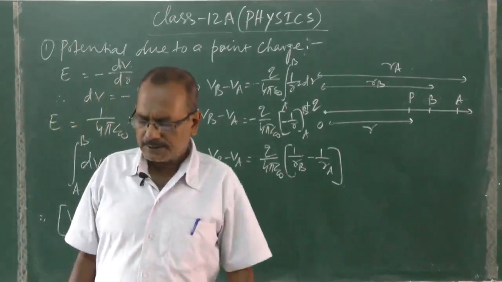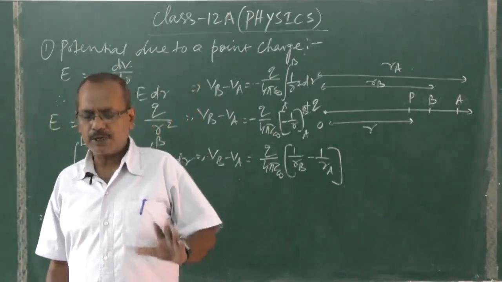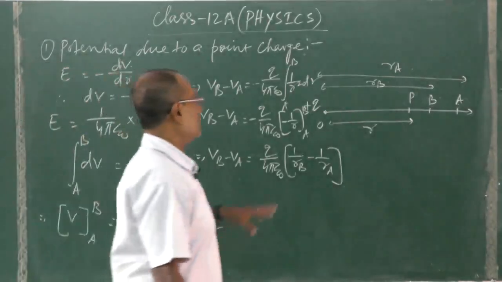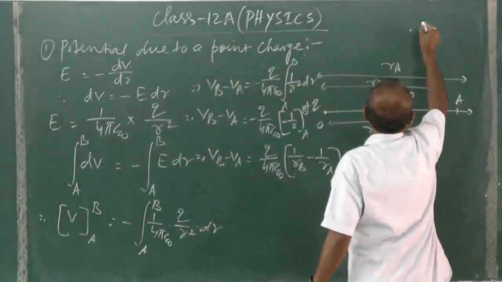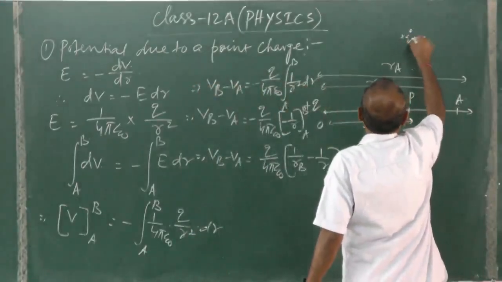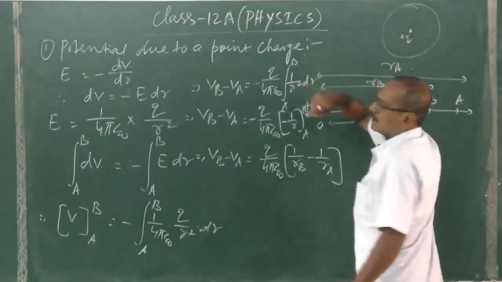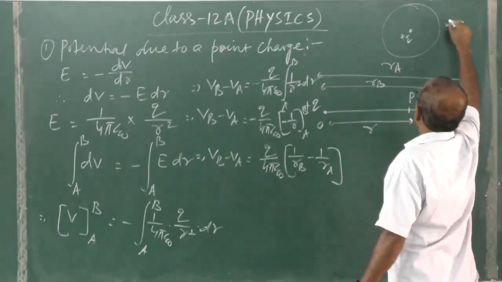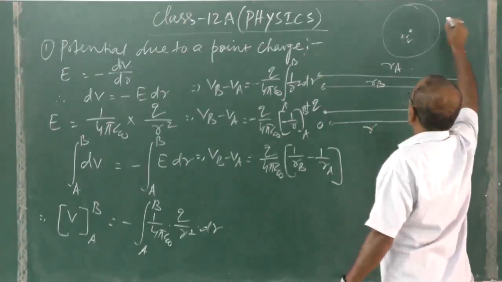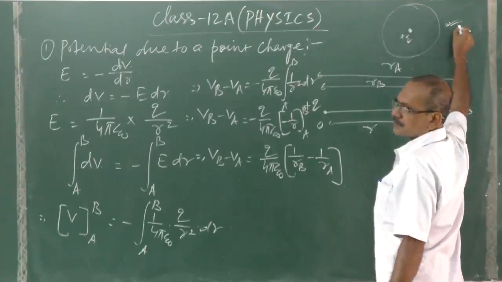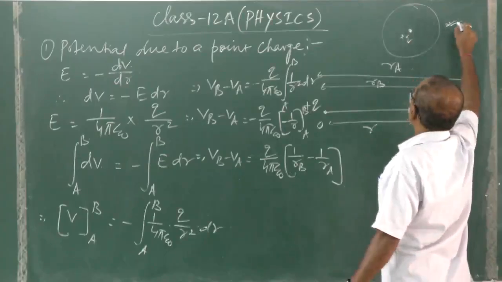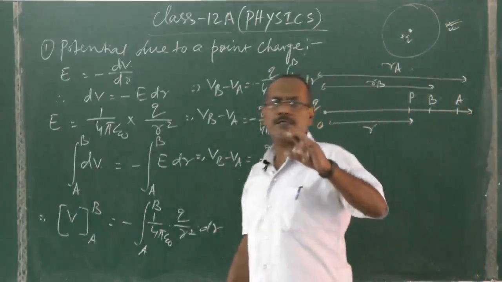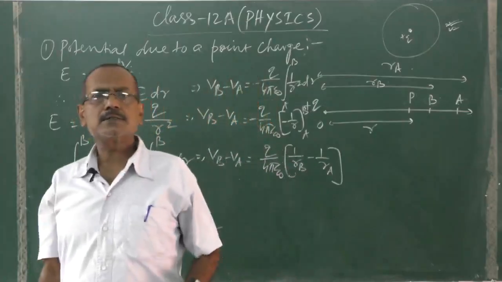Now let the potential due to the point charge Q be 0 at infinity. Actually, what happens is that a point charge, the source charge, creates an electric field around it, and beyond its field is known as infinity. So there is no effect of this charge beyond its field, so that potential will be 0. The potential at infinity is taken as 0.